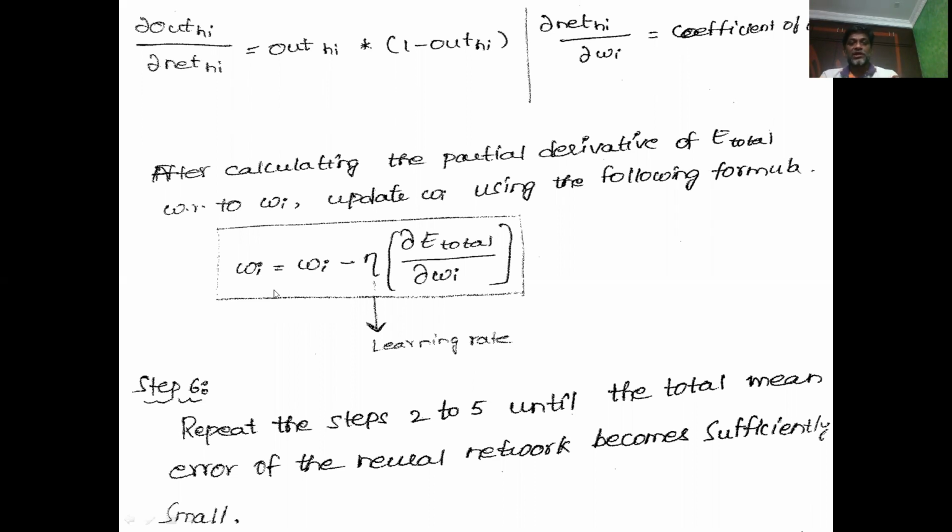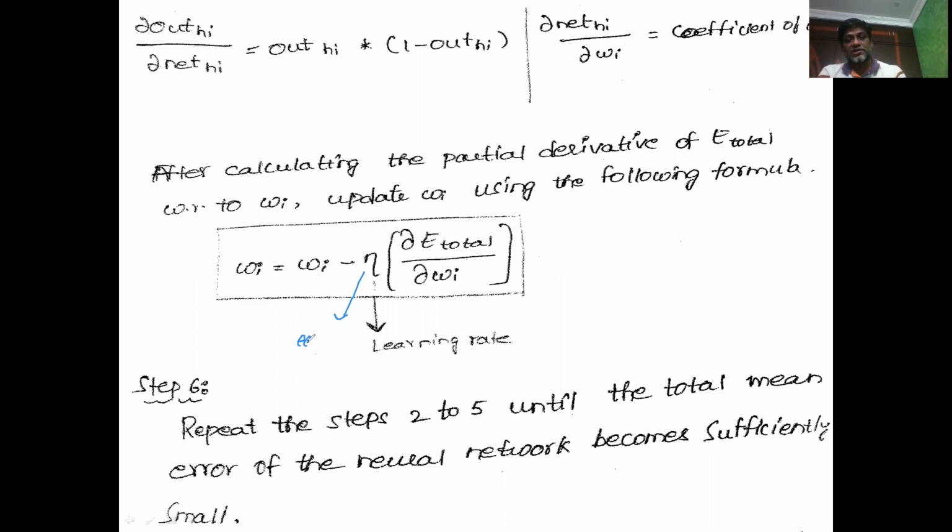Wi is equal to Wi minus η into ∂E_total/∂Wi, where this η is not N actually, it is called eta.